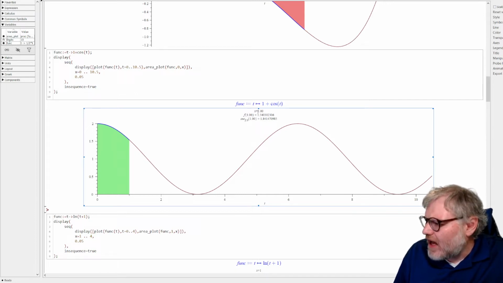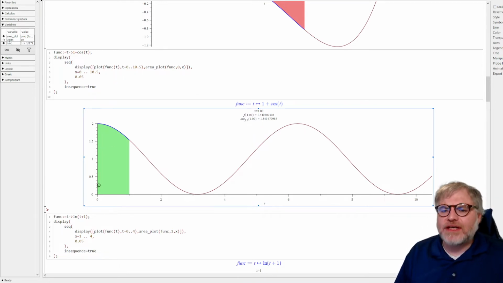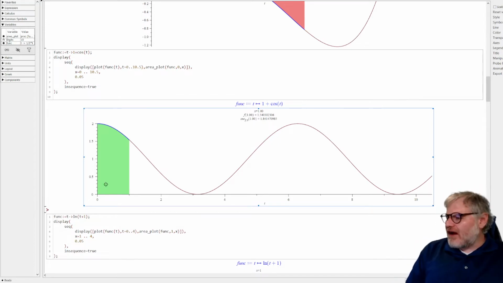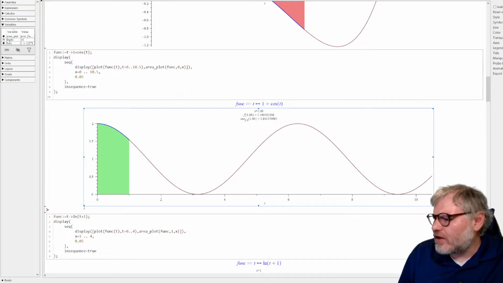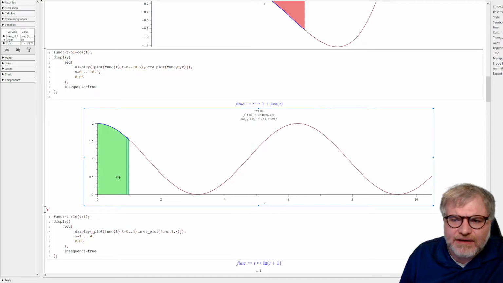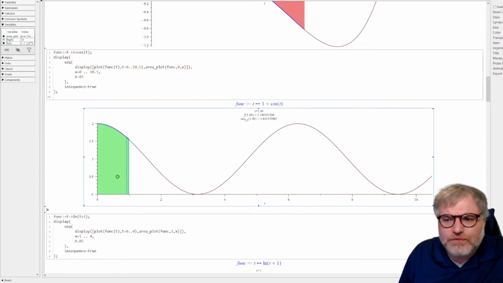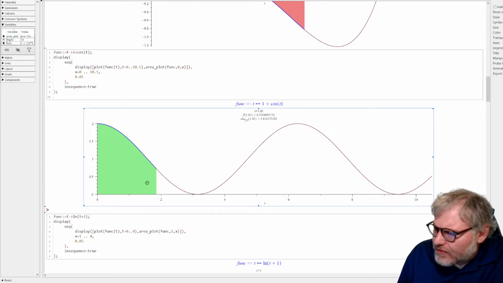As I hit play, you can see me start to accumulate area as I move to the right. Here, x is 1. So f of 1 is about 1.54, but the area I've accumulated is 1.84. That's the shaded green region, the area under the curve from 0 to x equals 1. As I hit play, I'm measuring more and more area.